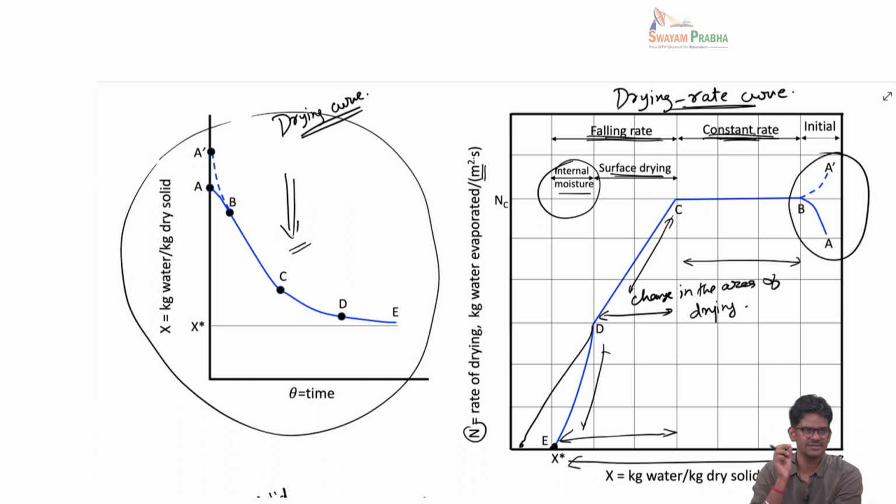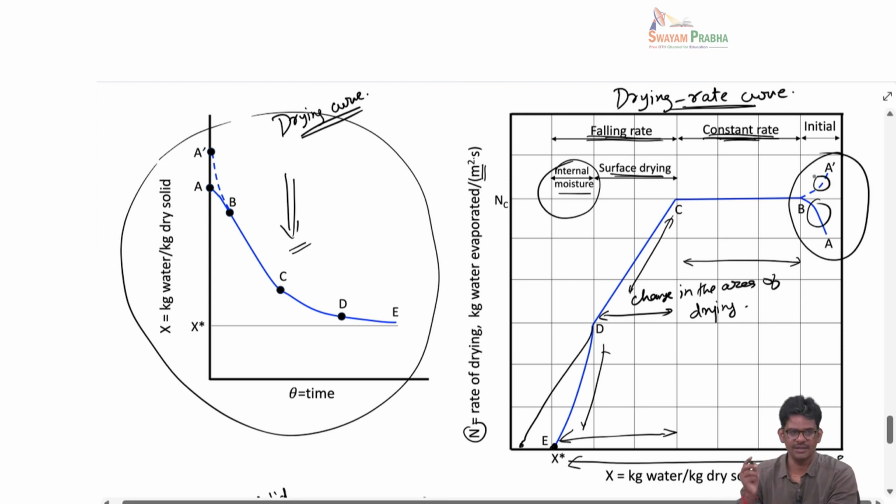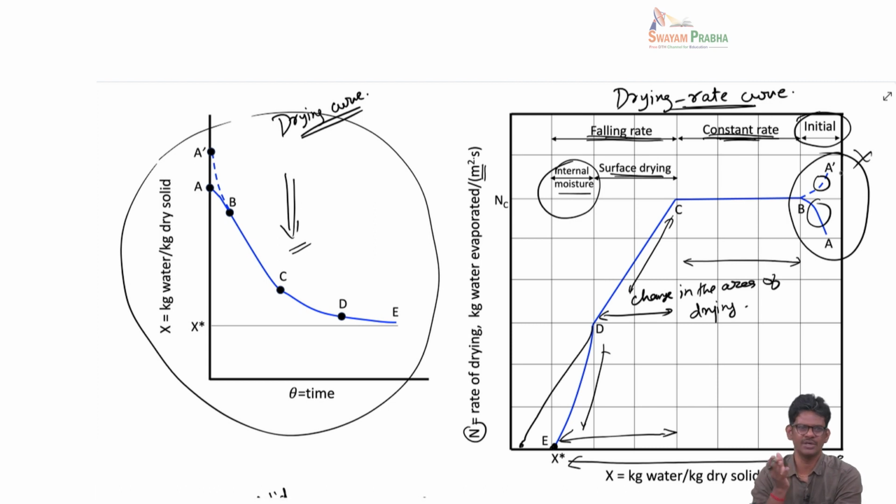Corresponding to that steady state temperature, if the initial temperature is different, there will be a small amount of initial change in the rate of drying before it reaches constant rate drying. So this is called the initial period. The time it takes to come to the constant rate drying is so small that many times we even just ignore this point. Sometimes you may not even see it, because the time scale to develop that stage is so short.